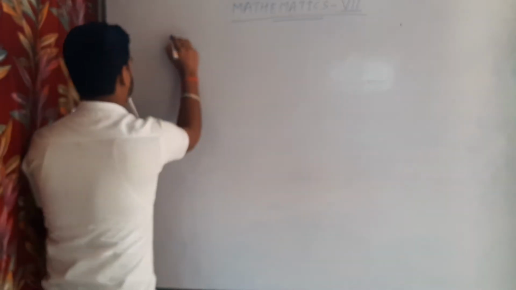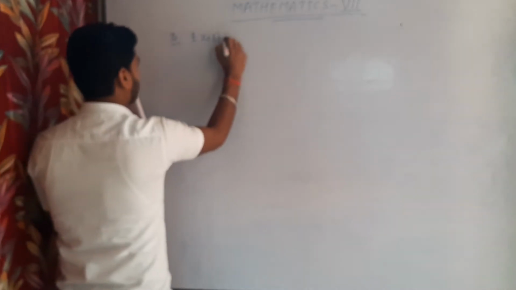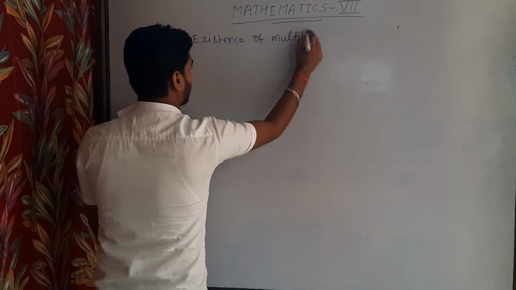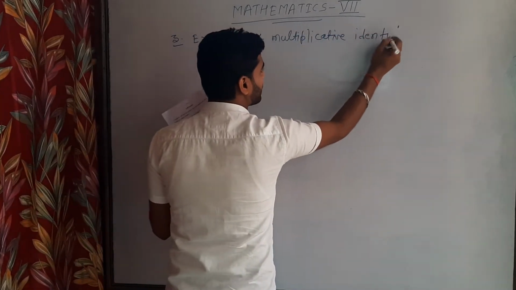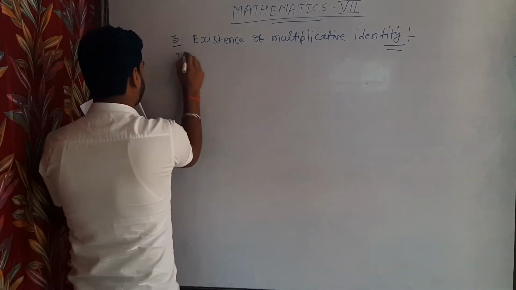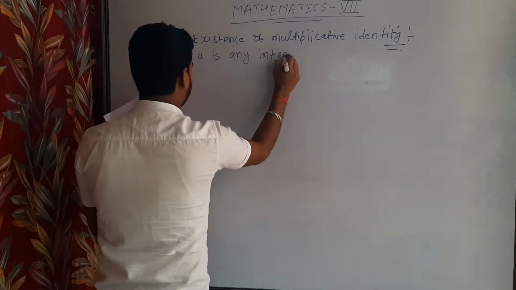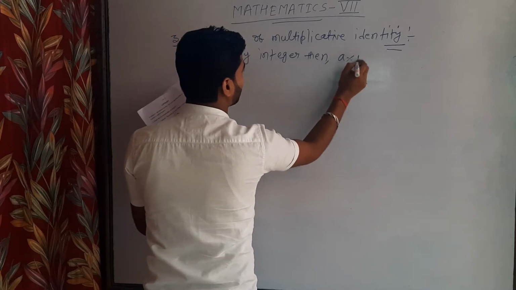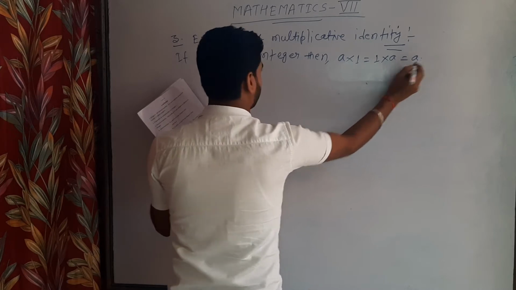Third, existence of multiplicative identity. If a is any integer, then a multiply 1 is equal to 1 multiply a is equal to a.